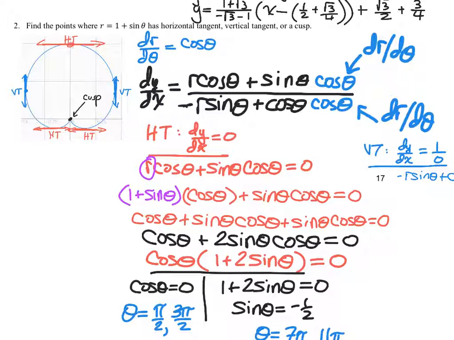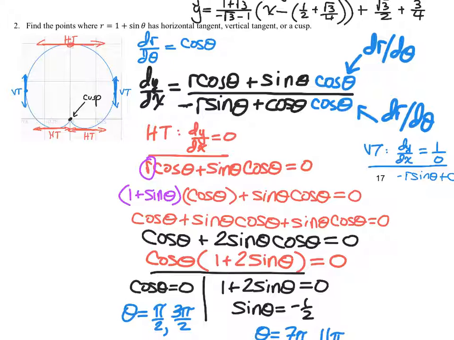Sine of pi over 2 is going to give us a 1, right? 1 plus 1 is 2. That's giving you that horizontal tangent. All right? The 3 pi over 2 must be giving you the cusp. We're using the horizontal tangent calculations to check only for horizontal tangent, and whatever's left over could be the cusp.